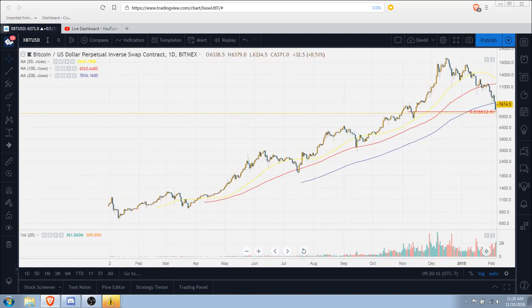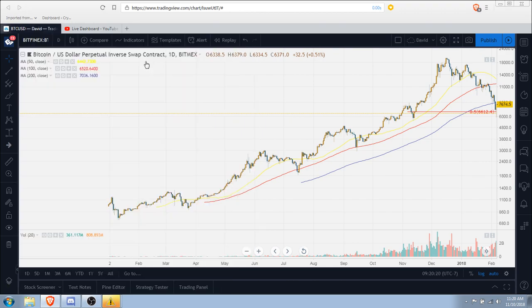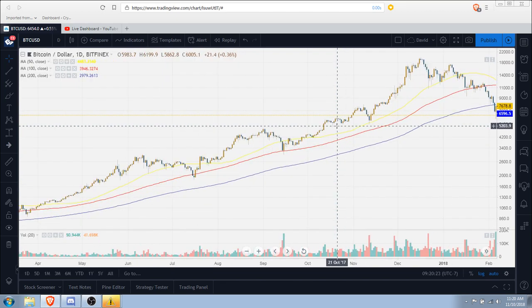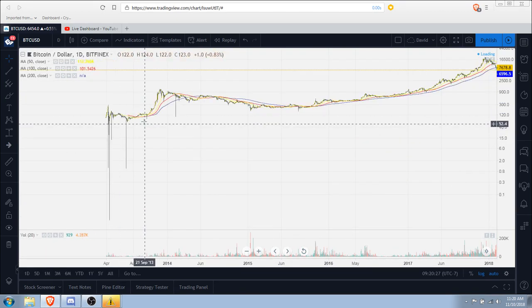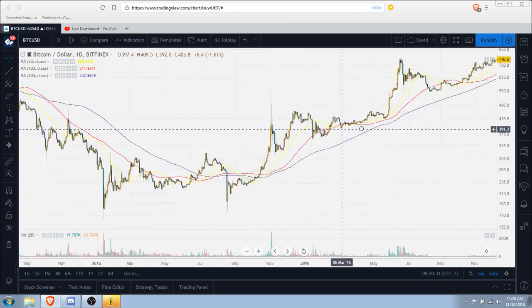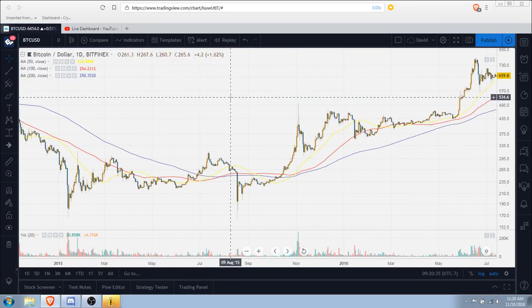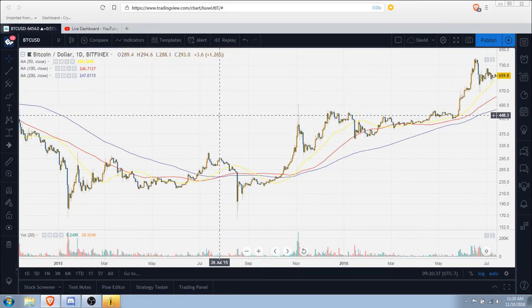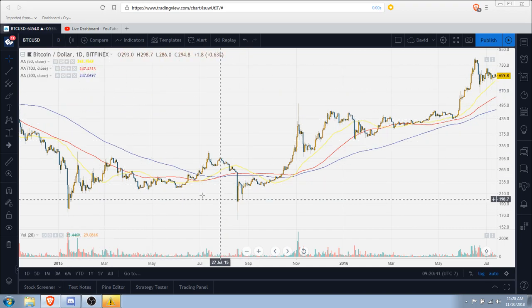And let's go ahead and actually go to the next so we can see some longer history. There we go. So, you have all this history where we can kind of see it. But what we're looking for is what's called a golden cross or a death cross. So a golden cross is when we have the 50 period moving average on the daily chart cross the 200 period moving average, right?